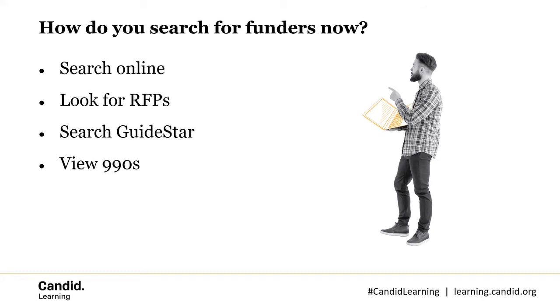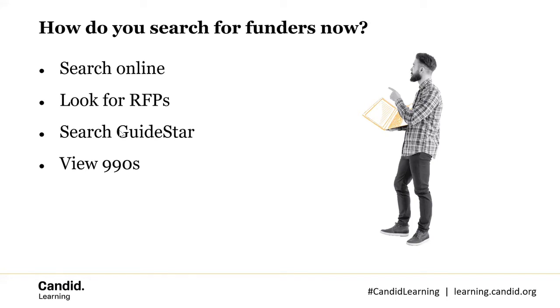There is a special section in the Philanthropy News Digest newsletter that focuses on requests for proposals, and you can actually sign up for that as its own special email to get from us. Some of you are searching guidestar.org. We talked about guidestar.org earlier as being the go-to tool that you use as a nonprofit manager to tell your story. So again, you have to claim your profile on guidestar.org and begin updating it yourself.